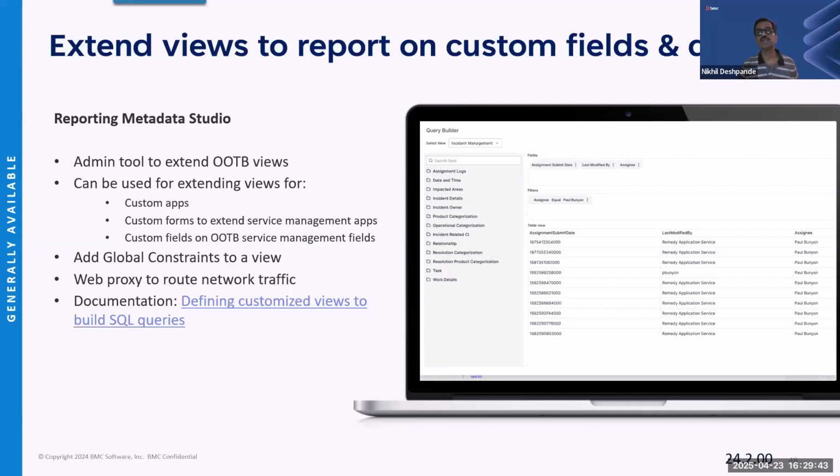For example, if you want to enforce that every report must include a condition on company equals a specific company name, rather than rely on every report developer to do that, you can add a global constraint that adds that condition so that every time a user develops a report on that view, that condition on company will always be applied consistently every time.